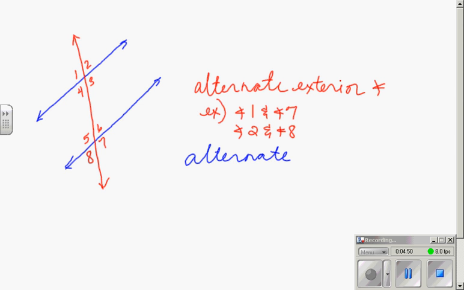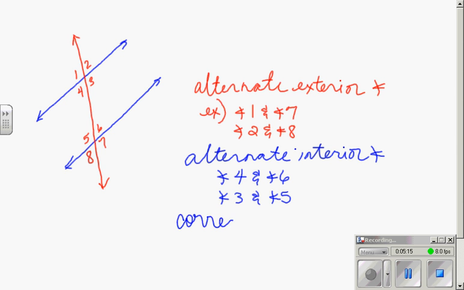The next term is alternate interior angles, and they are on opposite sides of the transversal, but inside the parallel lines. And so here we're talking about angle 4 and angle 6, angle 3 and angle 5.